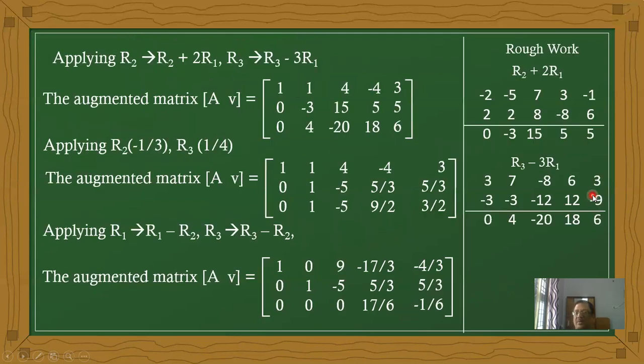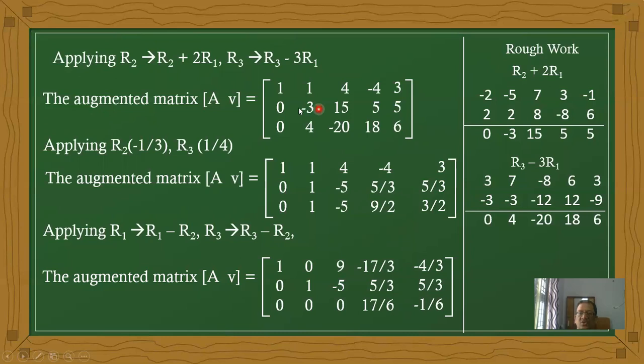Here these are the values. Subtraction, therefore we are checking the opposite side. The sum becomes 0, 4, minus 20, 18, and 6 now. Therefore the entire third row becomes 0, 4, minus 20, 18, 6 now.